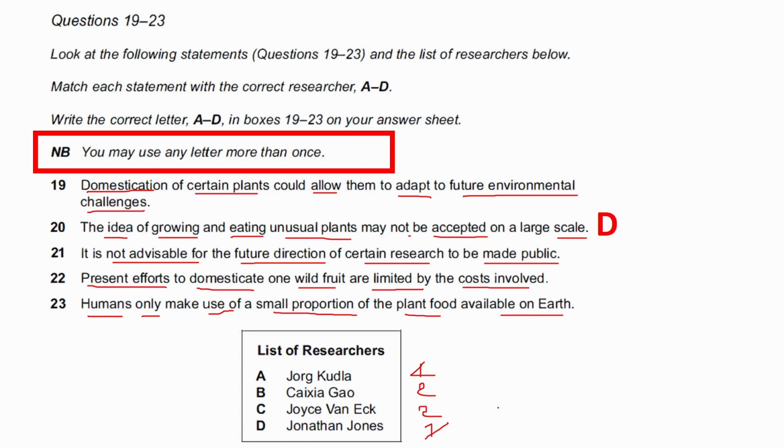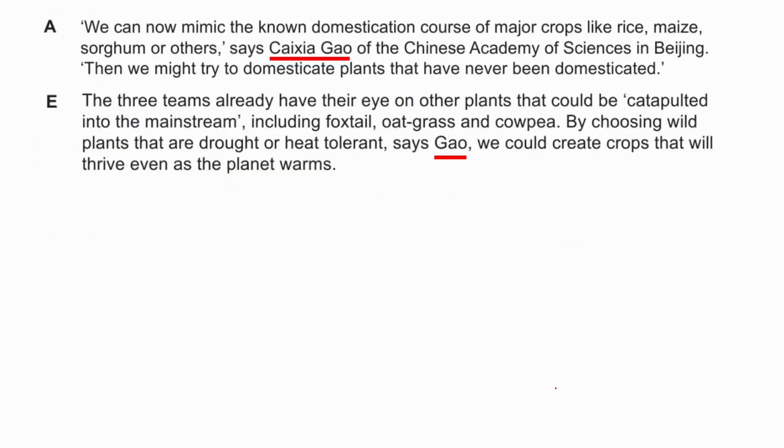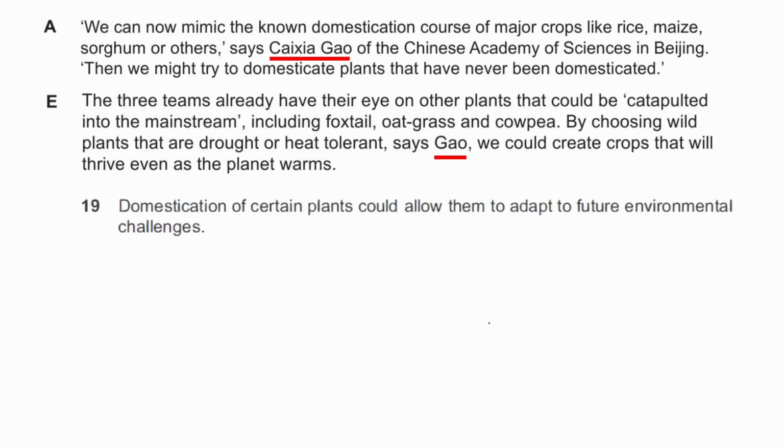All right, so then we continue with the other names that appear twice. So here we have Go and Van Eck. Let's continue with Go. Domestication of certain plants could allow them to adapt to future environmental challenges. We have his name in paragraph A and E, if you remember. This information about environmental challenges appears in paragraph E. We could create crops that will thrive even as the planet warms.